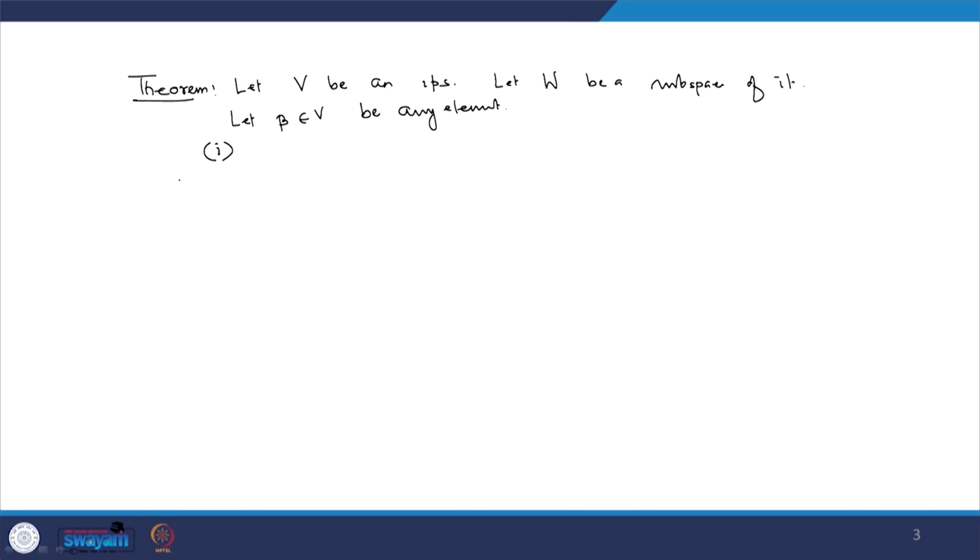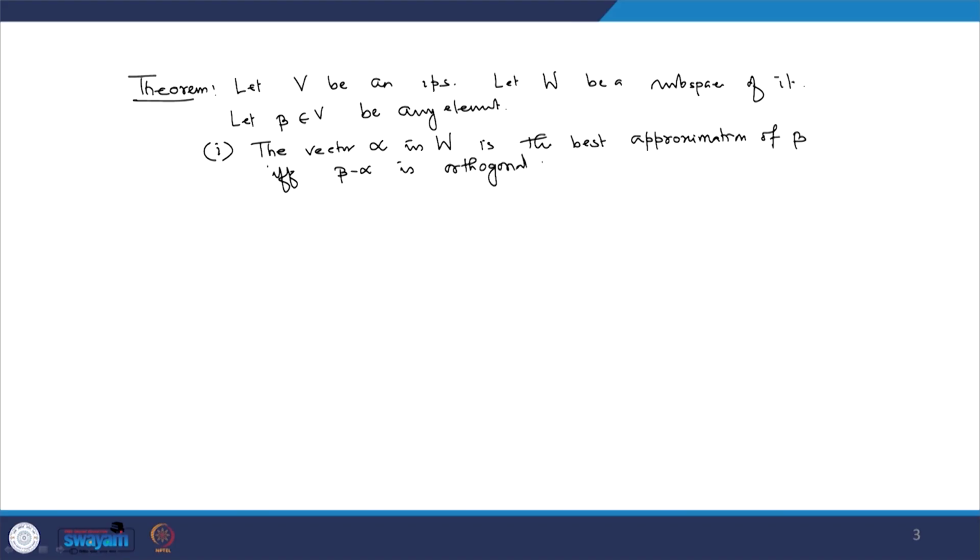Then, first, the vector alpha in W is the best approximation of beta if and only if beta minus alpha is orthogonal to each vector in W.